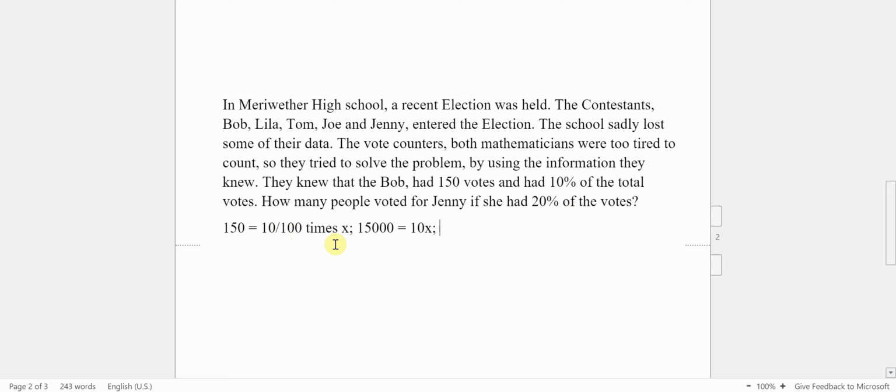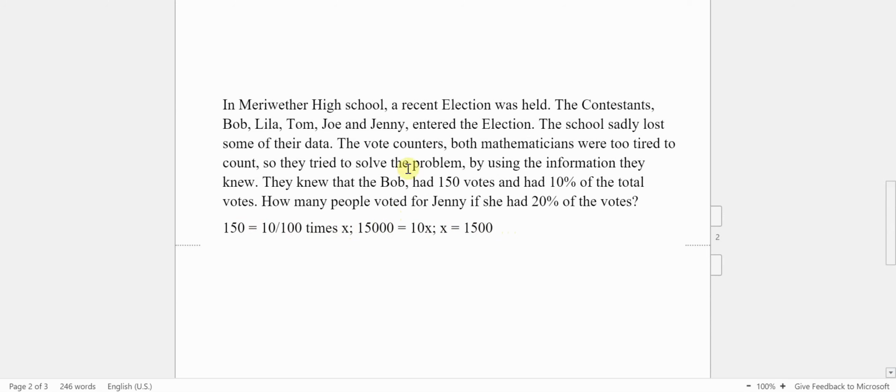Then x, dividing 10 on both sides, you will get 1,500. It looks like we're done, but that's the number of people there at school. So 1,500 people are there. 1,500 people in the school.